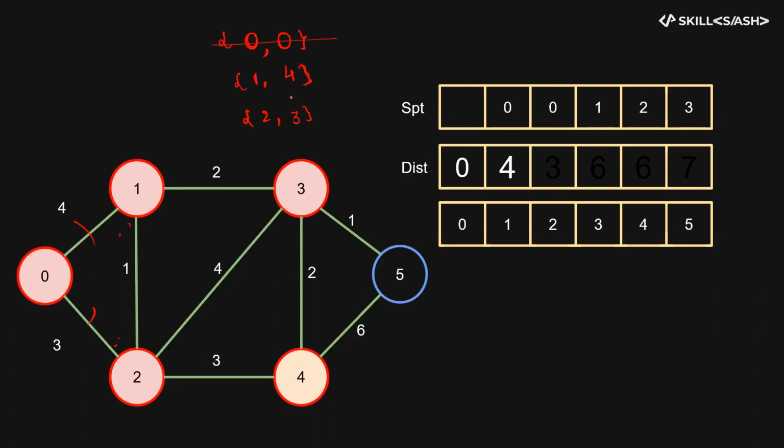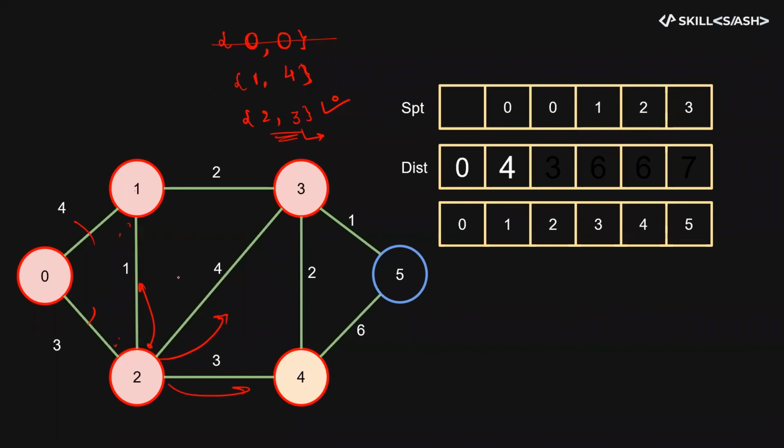So which one will be on top? This one, because the heap's definition is that it sorts based upon the source to this node's distance. So on top of the priority queue, I'll pick up this node and start iterating that first.